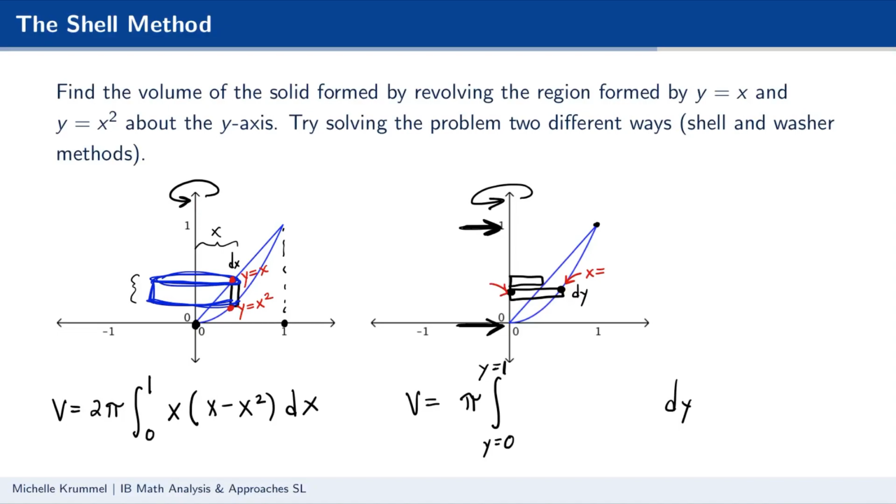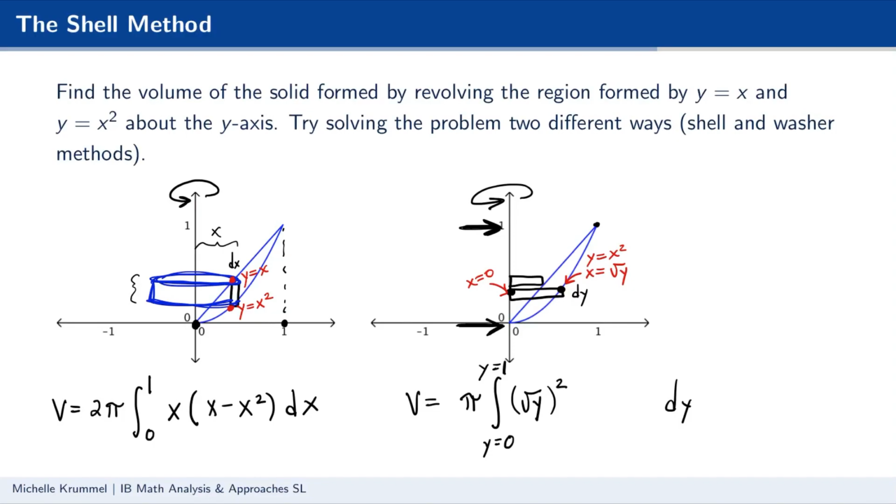And on the left, x equals 0. On the right, x equals, well, this came from the equation y equals x squared, so you need to solve that for x. If y equals x squared, x equals plus or minus the square root of y. But because we're on the right half of the parabola, it would be the positive square root of y.